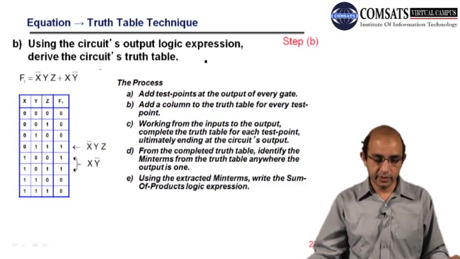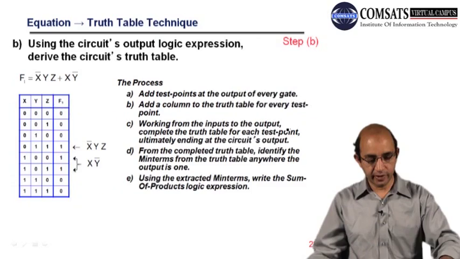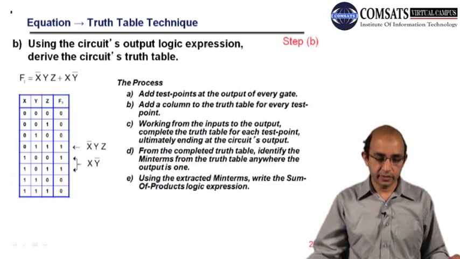You can see that we have the output here. So what we can have is the equation first, and then we can draw the truth table on the basis of that equation.